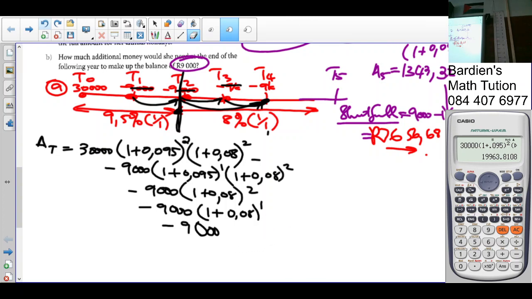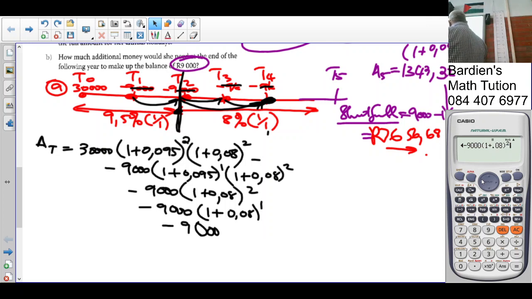Because at the end of the fourth year, at that point I can't take another 9,000 out. Okay? So let's just add that. Minus 9,000 into 1 plus 0,08 to the exponent 1. Right? Minus another 9,000.